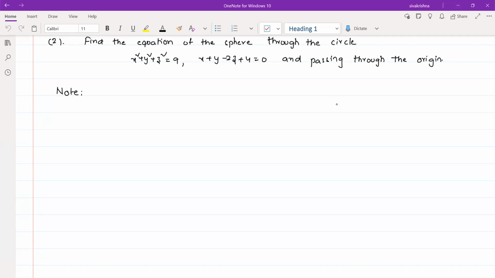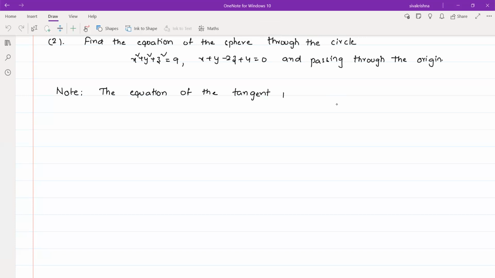Note: the equation of the tangent plane at the point x1, y1, z1 on the sphere S equals 0.